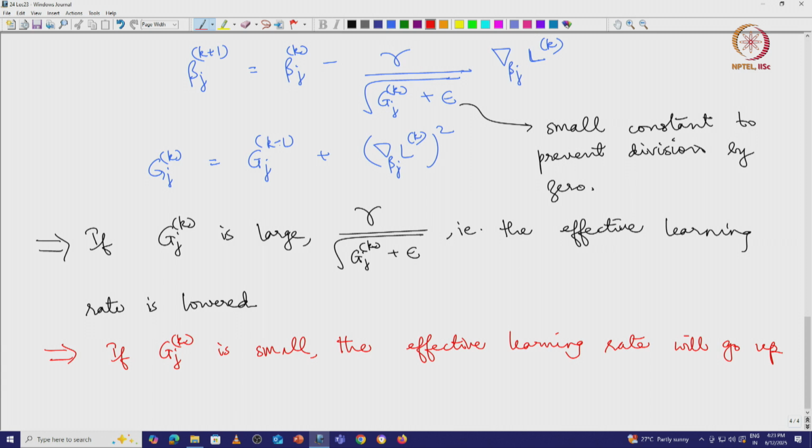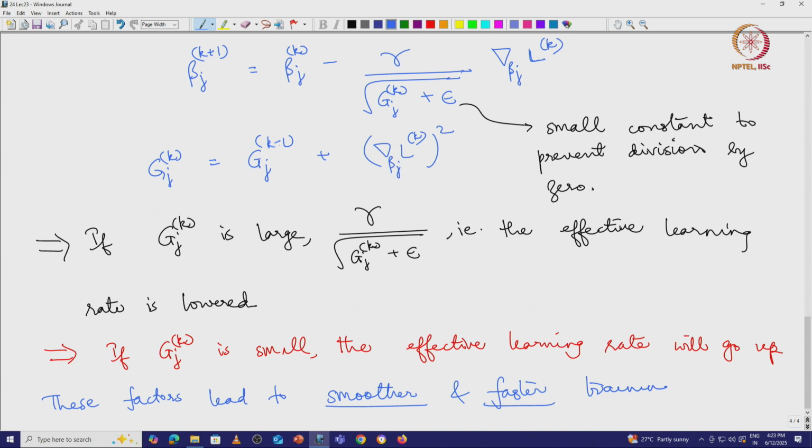Okay. So, these factors lead to smoother training, because you are not taking very high steps if the gradients are already large, and faster training. If the gradients are low, you accelerate the training.